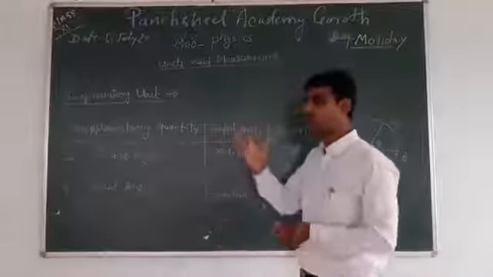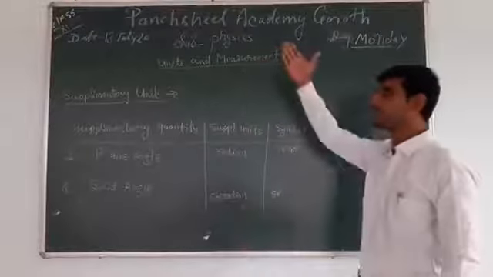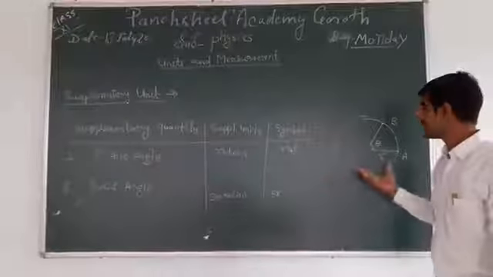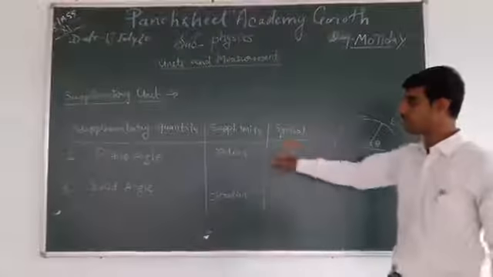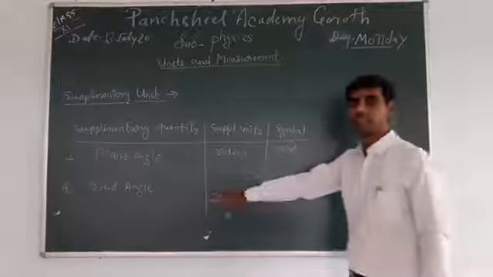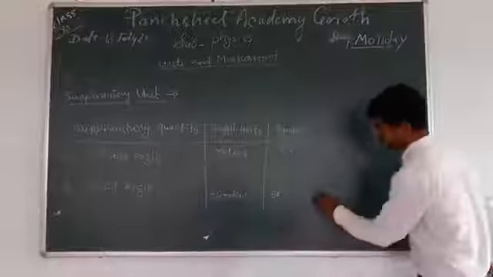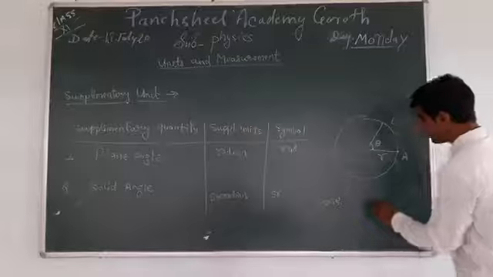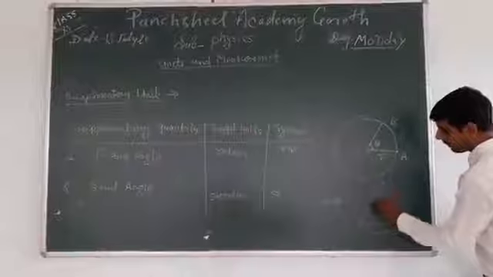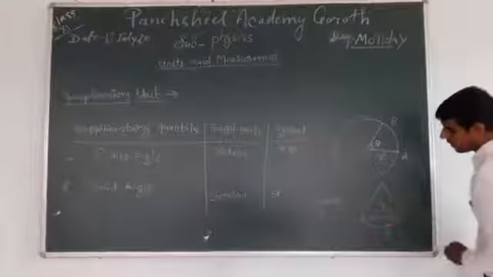So this is the measurement of plane angle. Plane means there are only 2 axes, the x-axis and y-axis. How to measure the angle of any plane? We use the unit radian, and its symbol is rad. Solid angle: suppose you have a cone, just like your birthday cap. This is the radius, this is the height, and this is the slant height.